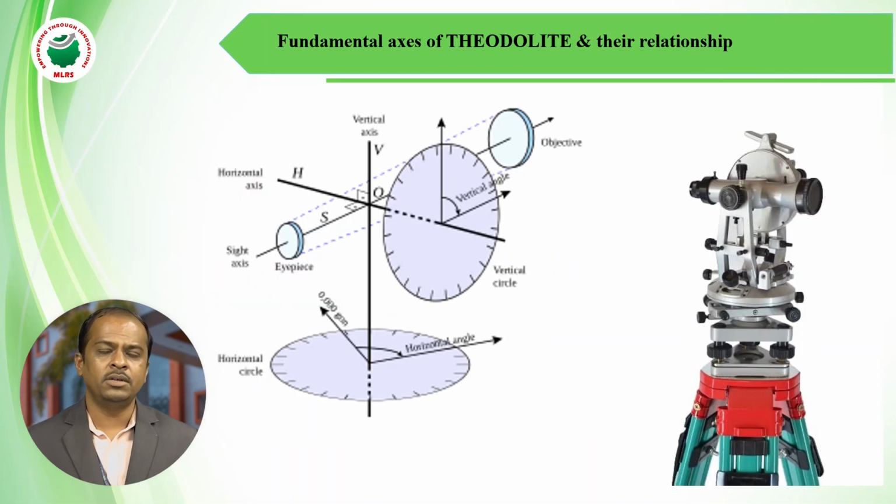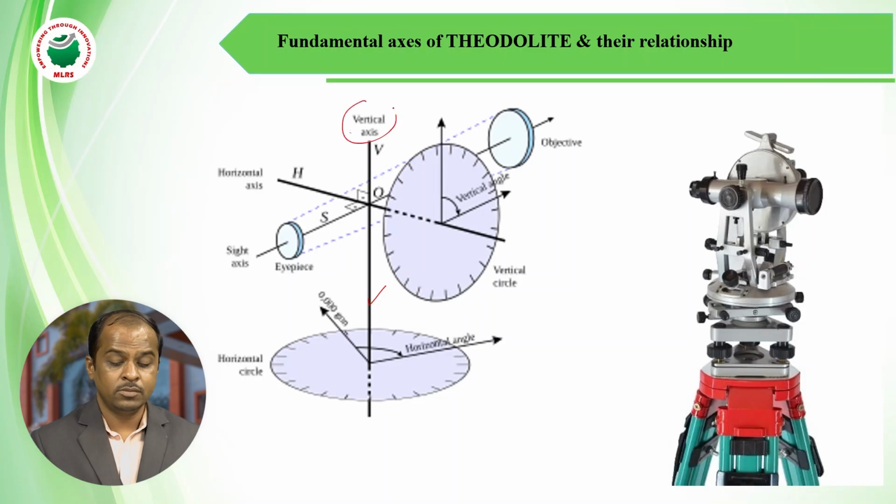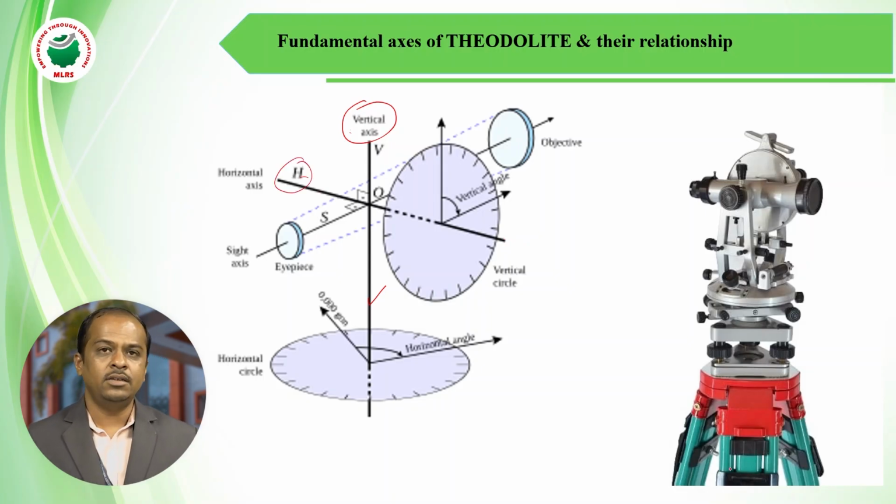Next, coming to the fundamental axes of theodolite and its relationships. Normally we know the vertical axis is a fundamental line which is drawn in a vertical direction, and the horizontal axis must be at an angle of 90 degrees to it.